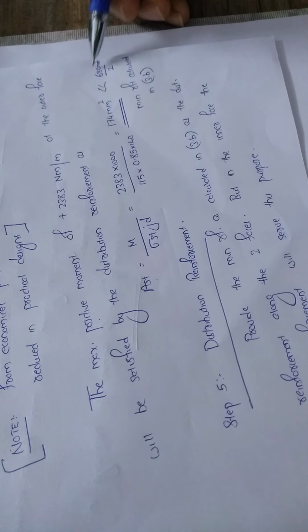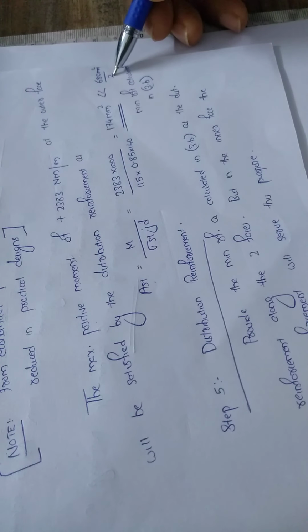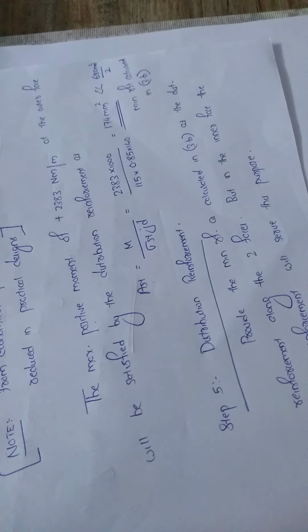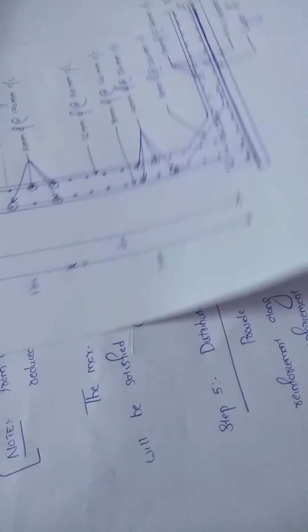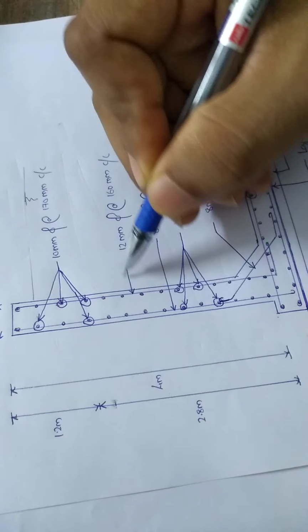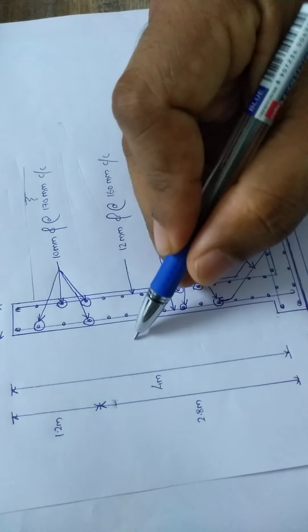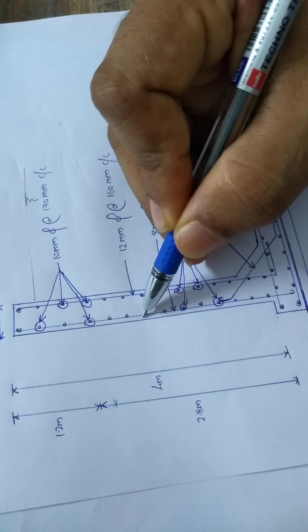What is 680? It is the minimum reinforcement required, as we have found in step 3. And what does by 2 mean? By 2 means the distribution reinforcement. If I am looking onto the section, this is the reinforcement which is provided for the cantilever bending action, the inside reinforcement. The outside reinforcement is the distribution reinforcement.